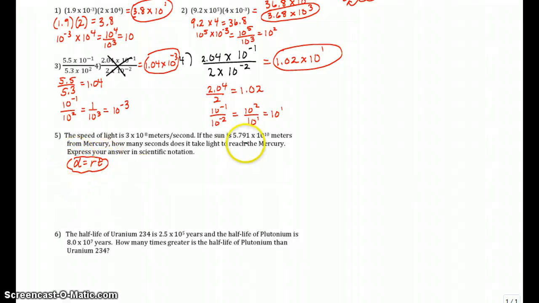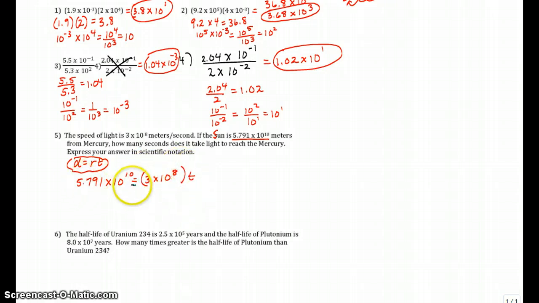Your distance is this right here, and that should be a capital for the sun, because it's our Sun. So the distance from the sun to Mercury is 5.791 times 10 to the 10th. And it equals the rate of light, how fast it's going, which is 3 times 10 to the 8th, times time.